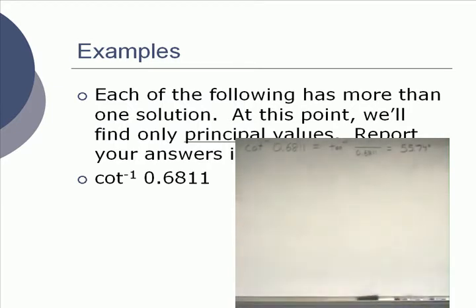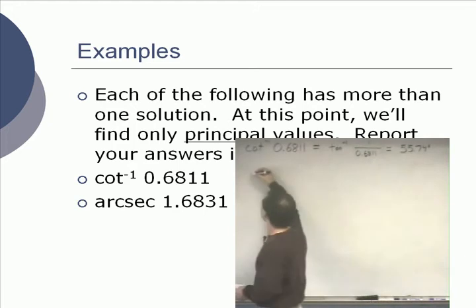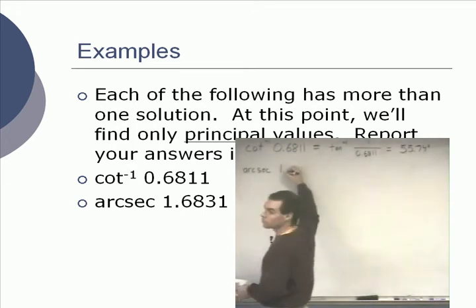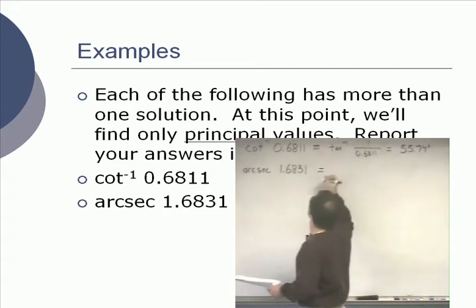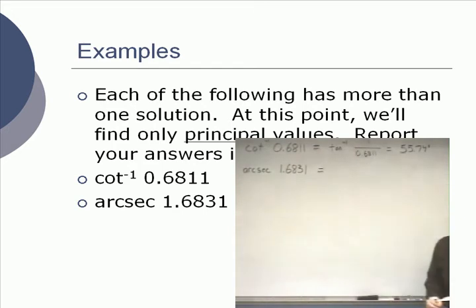Okay, let's do another one. Arcsecant of 1.6831. Well, how would you rewrite arcsecant of 1.6831?